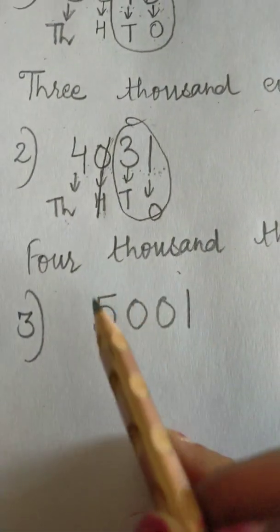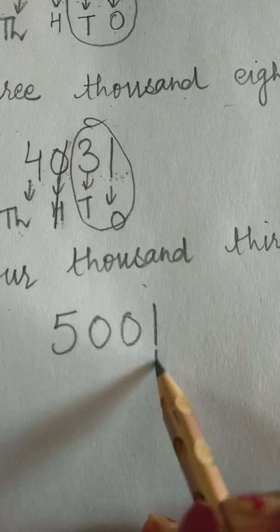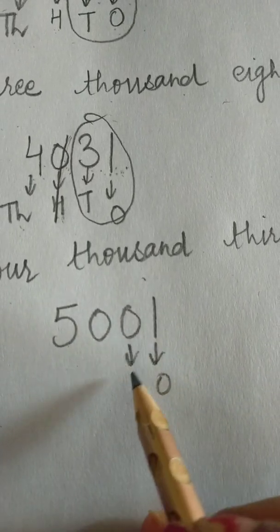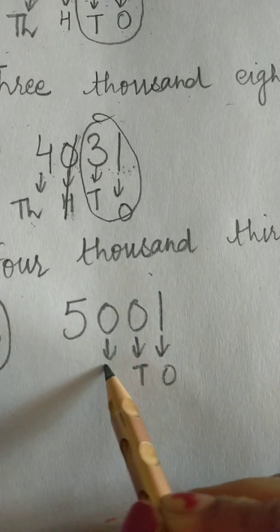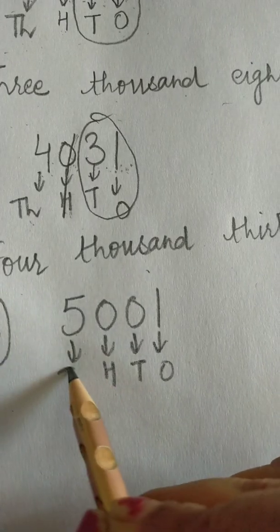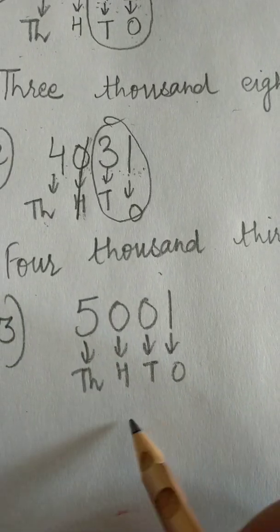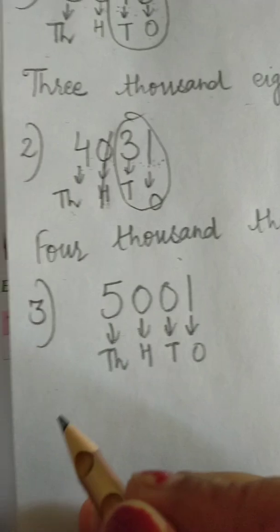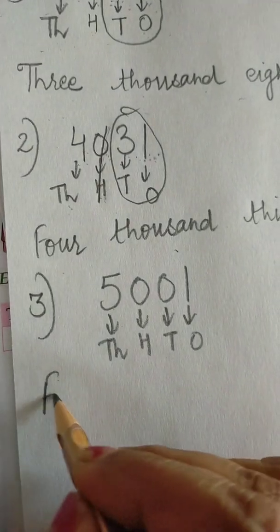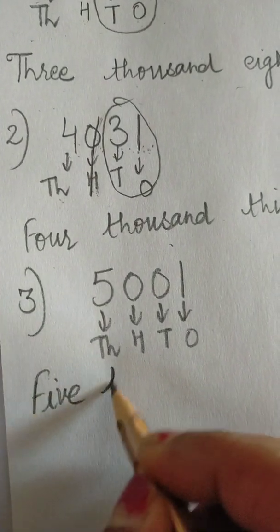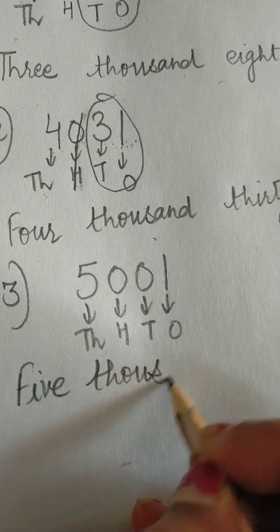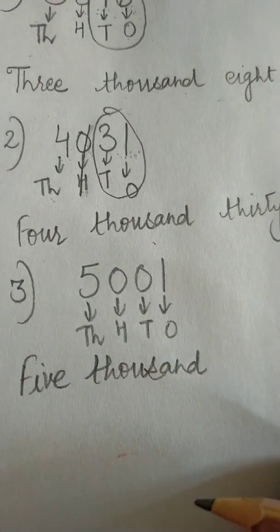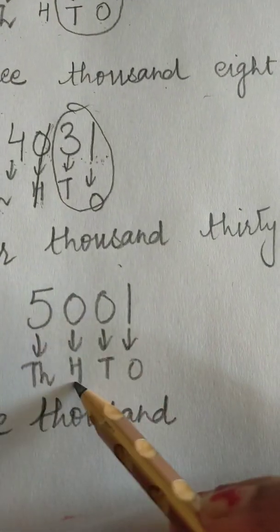This is ones place, this is tens place, this is hundreds, and this is thousand. So how will we write the number name for this? This is 5000. 0 hundreds.